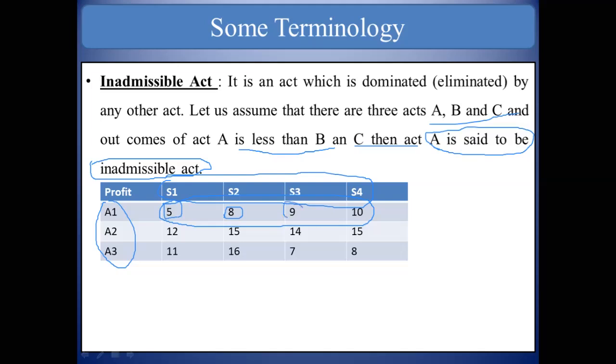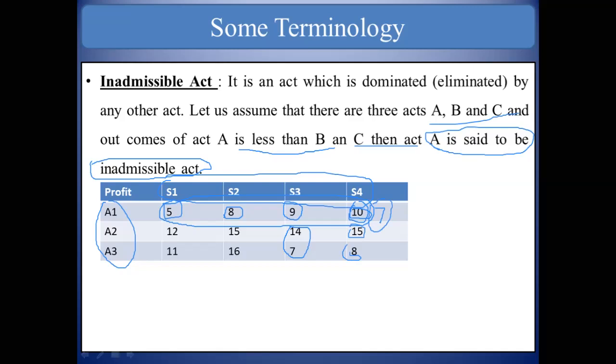Again, the payoff of A1 and S3 is less than the payoff of A2 and A3, and for A1 and S4, let's take 7 in place of 10. Again, we can say 7 is less than 8 and 15 both.